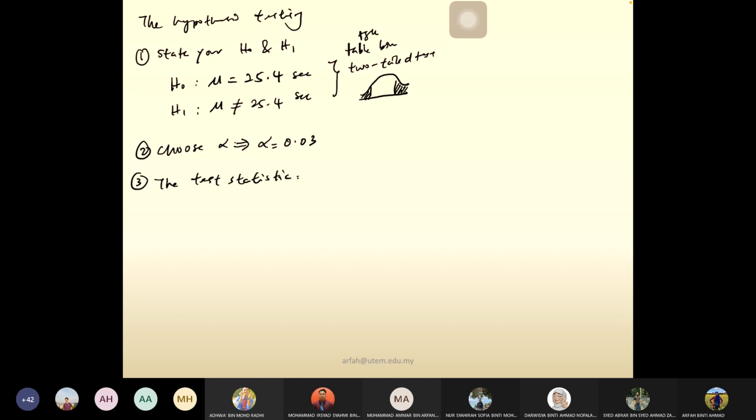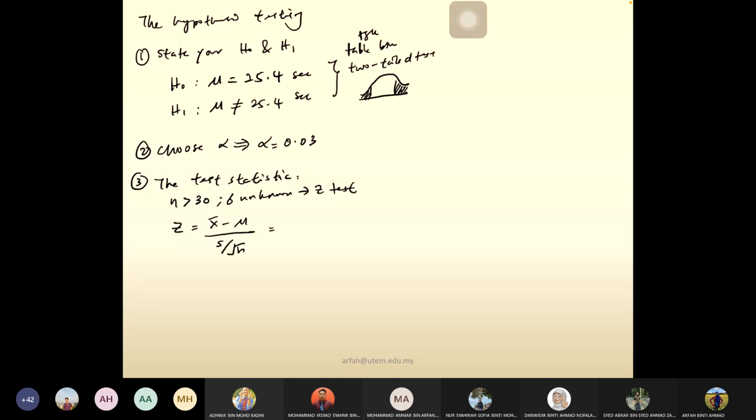So the test statistik tadi kita dah tengok n greater than 30 sigma unknown, kita akan dapat dia adalah Z test. So Z sama dengan X bar minus mu S over root of N.